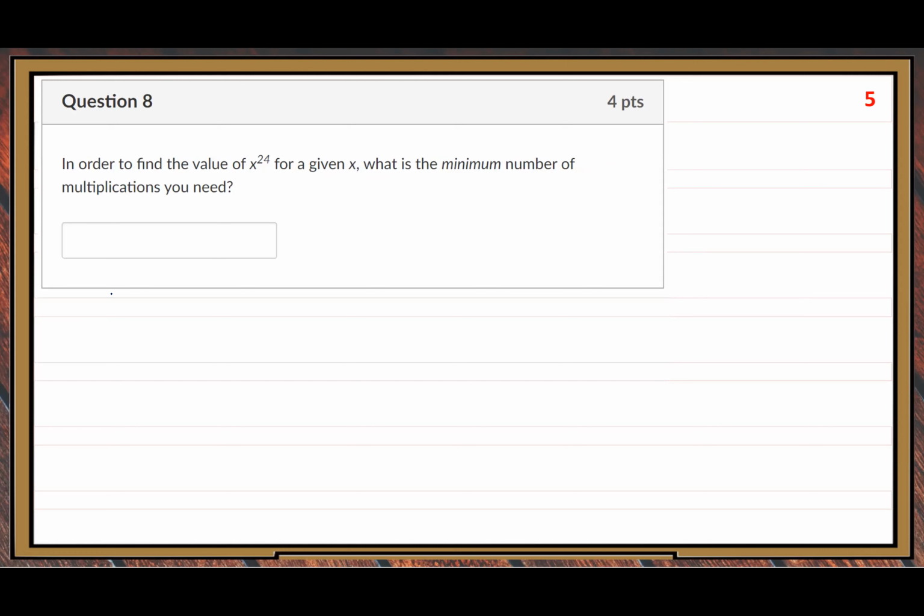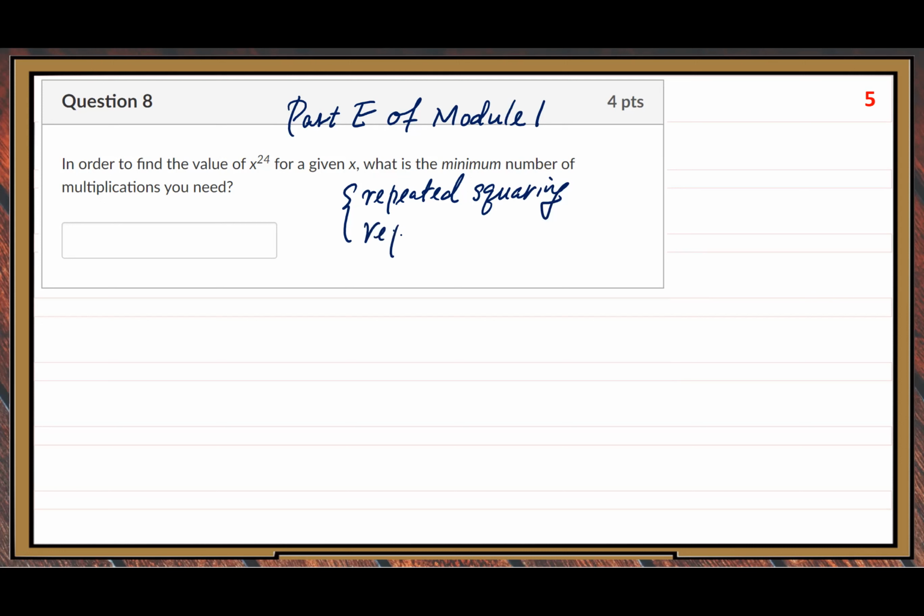Next question. Because after we learned the repeated squaring technique and the repeated cubing technique, in part E of module 1, we spent a lot of time of module 1 on repeated squaring, repeated cubing, and the mixed way.